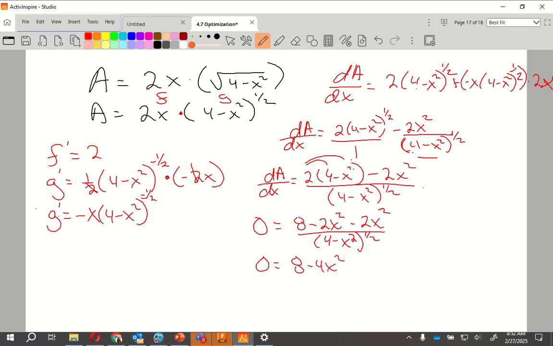So let's see, subtract 8 from both sides, so negative 8, negative 4x squared, divided by negative 4, I'm going to get 2 equals x squared, x equals plus or minus the square root of 2.